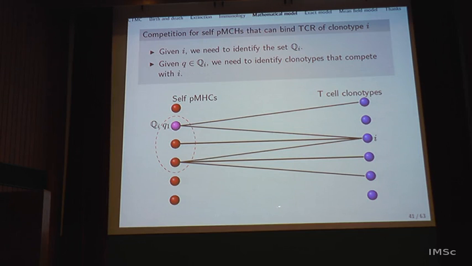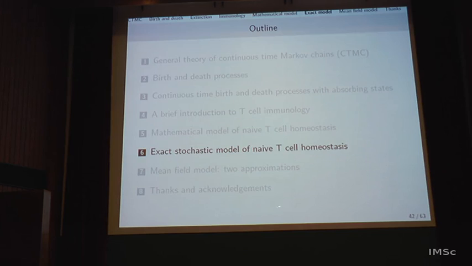Just in colors, for that peptide seen by I, it sees Q1, Q2, Q3. For Q1, those are the TCRs that can see it. That is the competitor. For the second peptide, there are no competitors, and for the third one, I have 2 competitors. So ideally, what can I do about these competitors so that I can forget about what they're doing, in such a way that I can model the evolution of my population of family I without them?